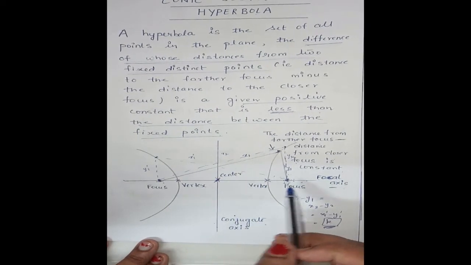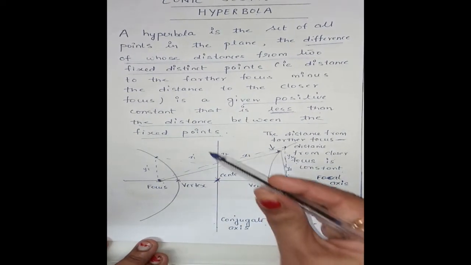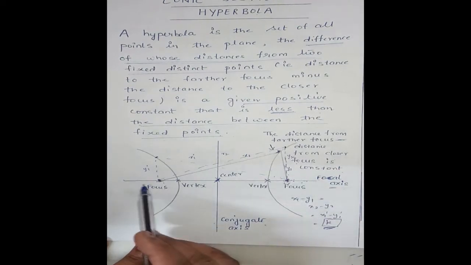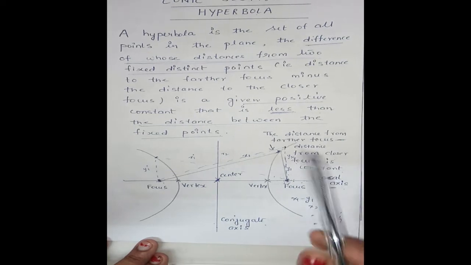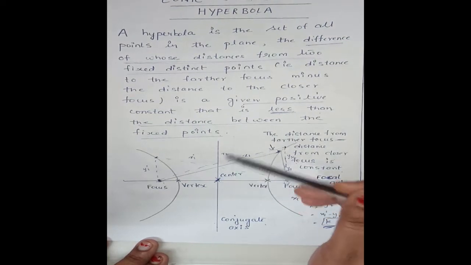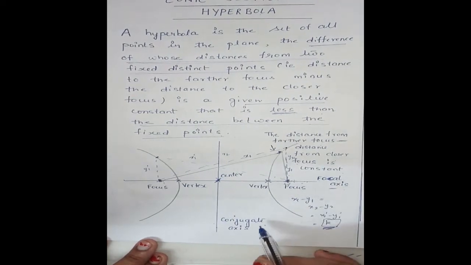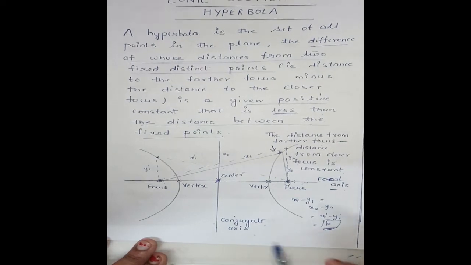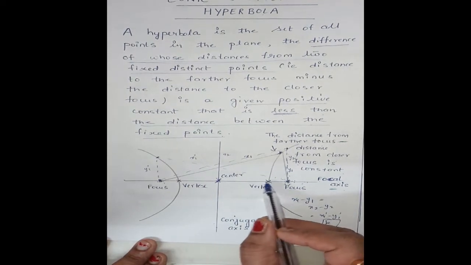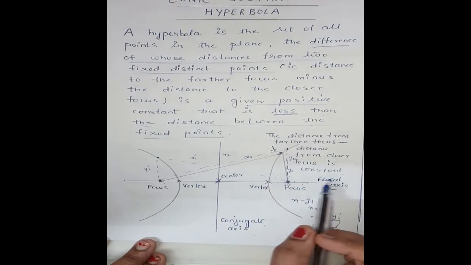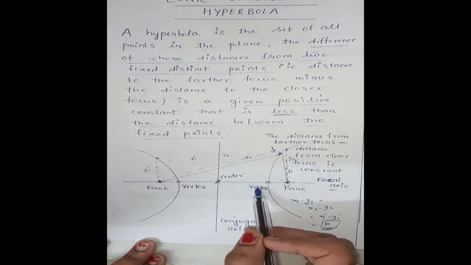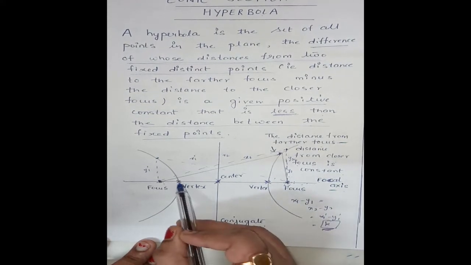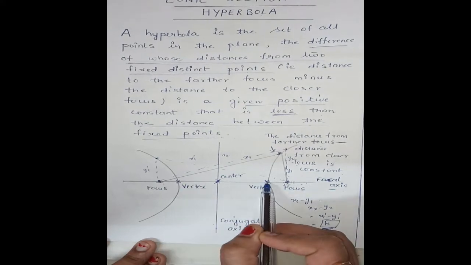Here in the hyperbola we have the focal axis and conjugate axis. The hyperbola intersects the focal axis at 2 points called the vertices. Okay, these two are called the vertices.